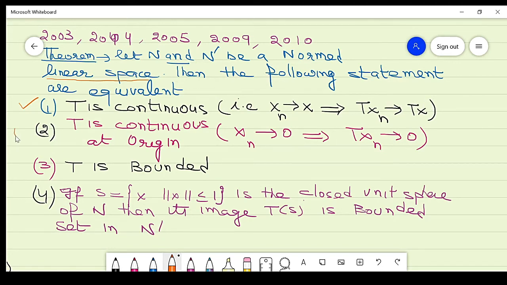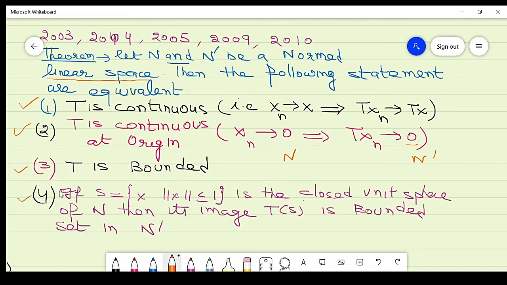Second, T is continuous at the origin. So x is replaced by 0. If xn approaches 0, then Txn approaches 0. Remember, this is the 0 of N dash, and this is the 0 of N. Third, T is bounded, for which we already know the definition.